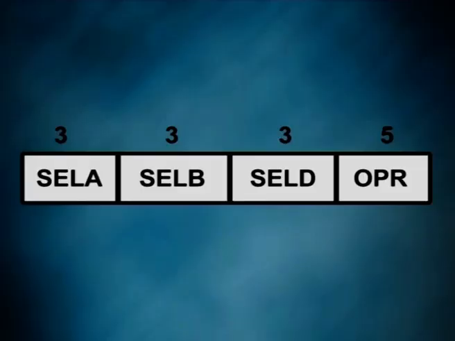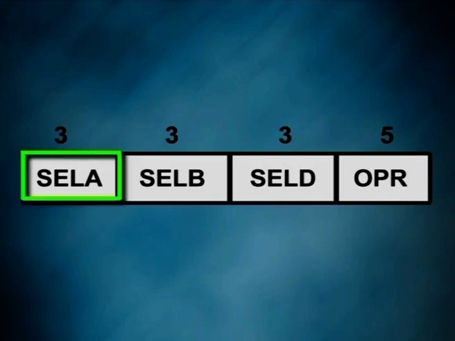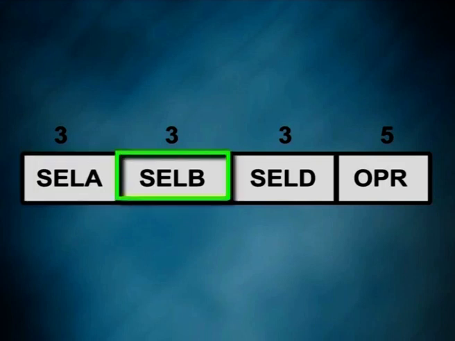From the figure, we can see a control word. It consists of 4 fields. 3 fields contain 3 bits each and 1 field has 5 bits. The first field, SELA, selects a source register for the A input of the arithmetic logic unit. The second field, SELB, selects a register for the B input of the arithmetic logic unit.